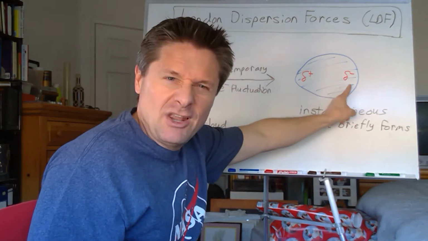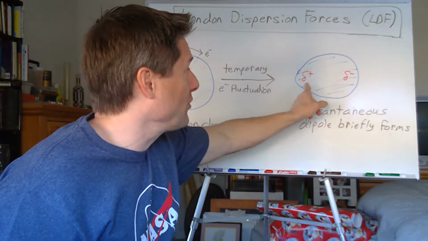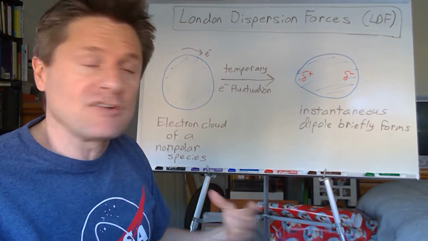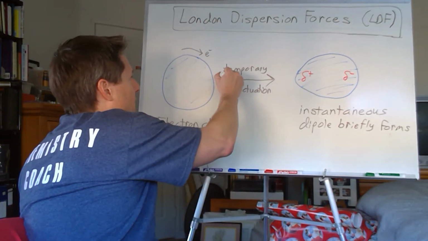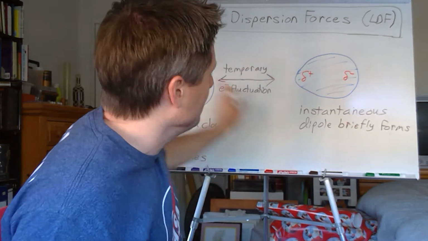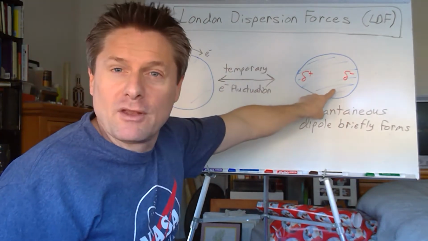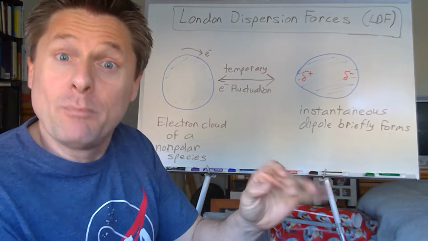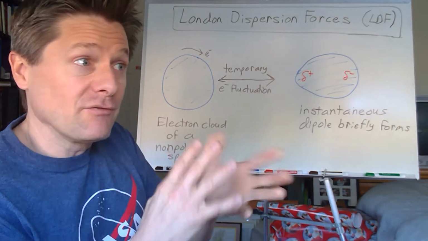So you got a really tiny partial negative on one side where there's more electrons and a partial positive on the other side where there's fewer electrons. And then it just goes back, right? So really, you can think of this as a reversible arrow where it's just flashing back and forth, mostly here, but every once in a while it'll flash and have this instantaneous dipole due to a temporary asymmetric electron distribution from the probabilities.